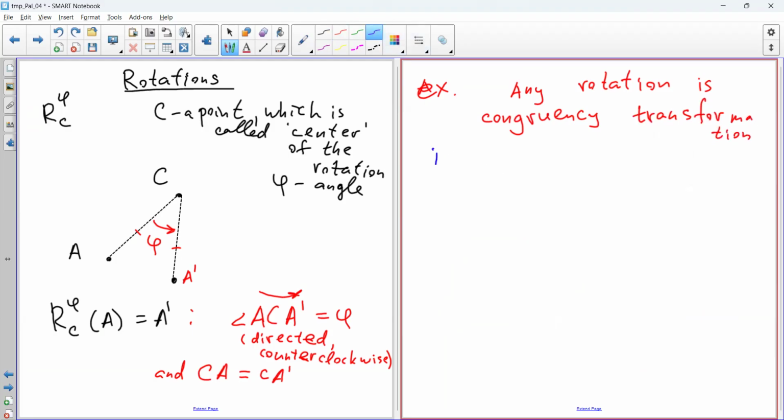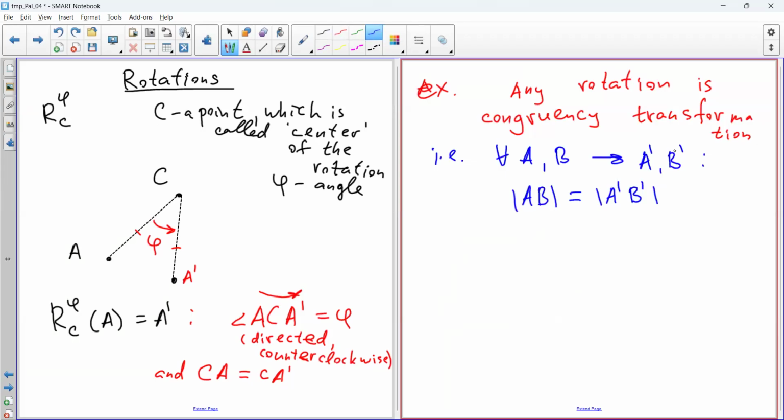That means for any A, B, the images A prime and B prime are such that the length of AB equals the length of A prime B prime.